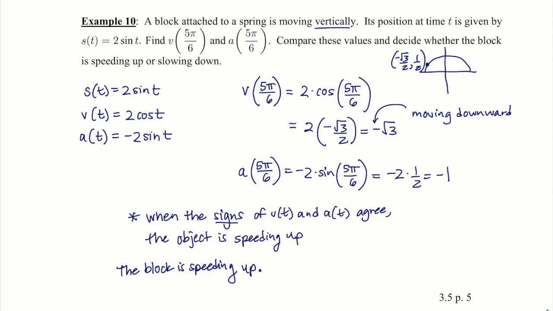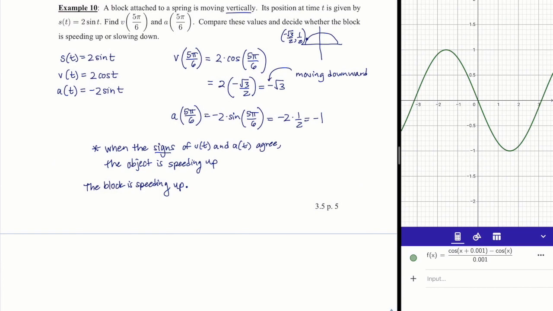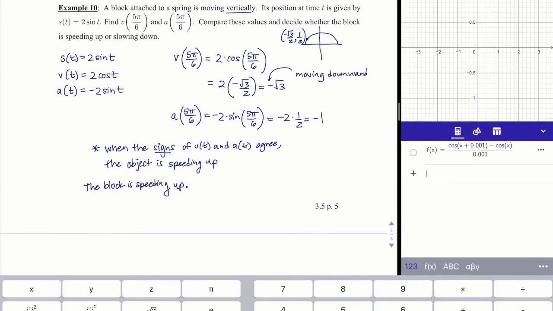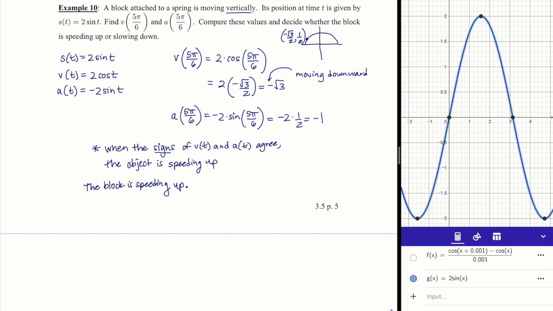Let's take a look at the graph, and that will help us understand why this makes sense. So if you look at the graph of 2 sine t, or 2 sine of x, I'll type in. Right, at 5 pi over 6, we are somewhere between pi over 2 and pi, right?